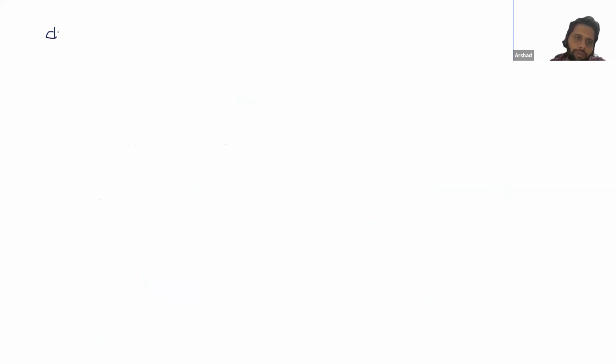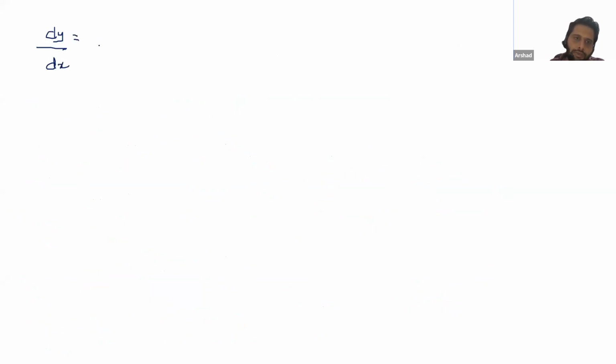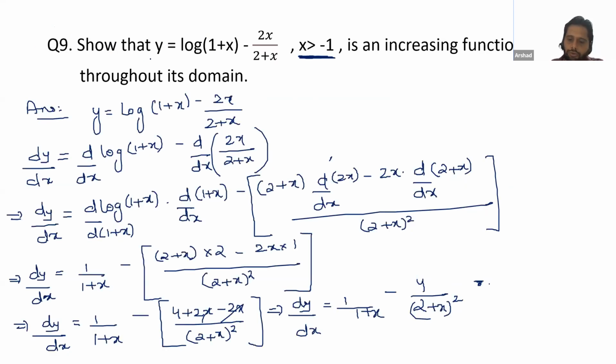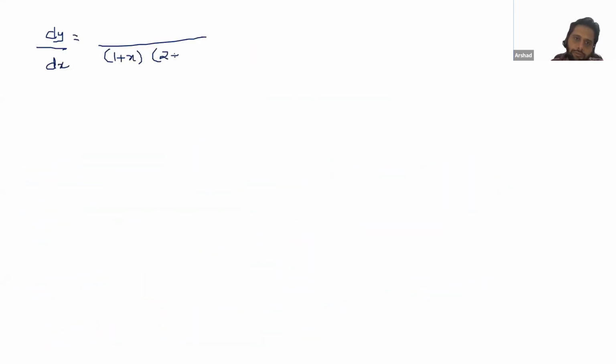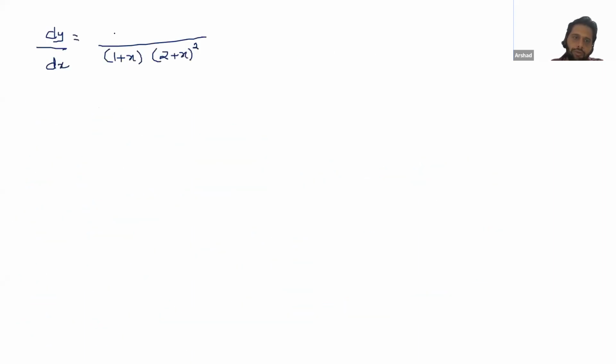So here we will get what? dy by dx is equal to 1 by 1 plus x. So take LCM, 1 plus x into 2 plus x whole square. So here you will get 2 plus x whole square minus 4 into 1 plus x.